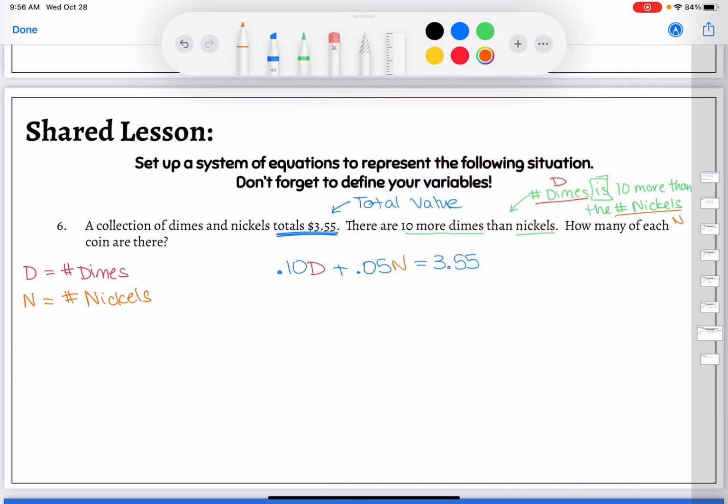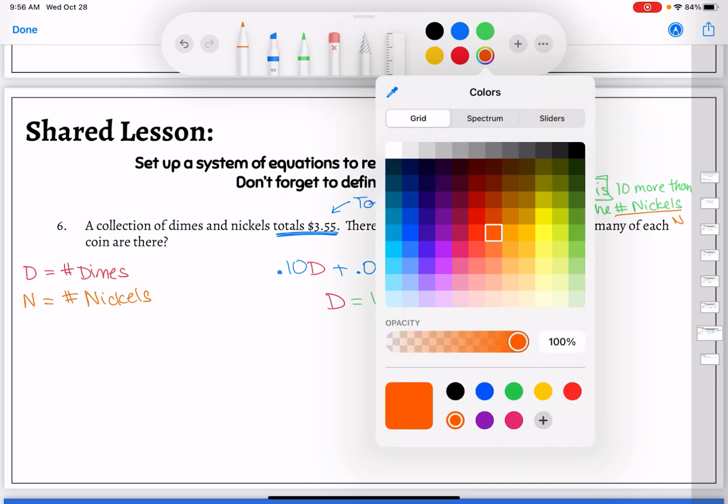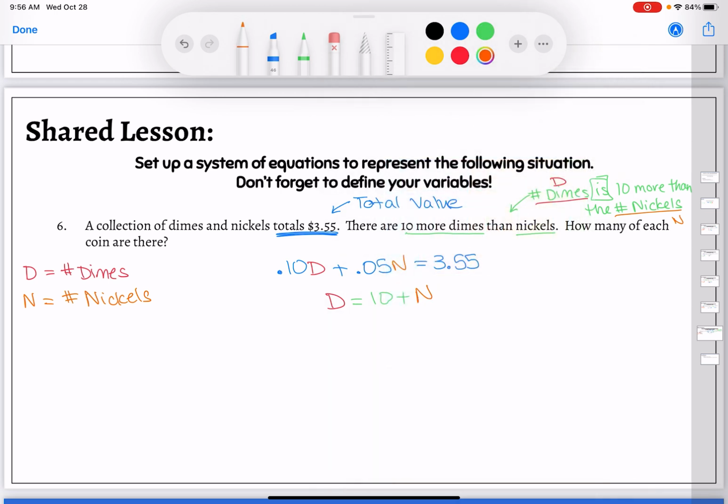And that was N. So our equation would say D equals 10 plus N. The number of dimes is 10 more than the number of nickels. There are 10 more dimes than nickels. I'm adding 10 to the number of nickels to be the number of dimes.